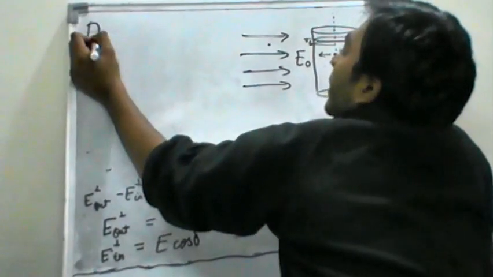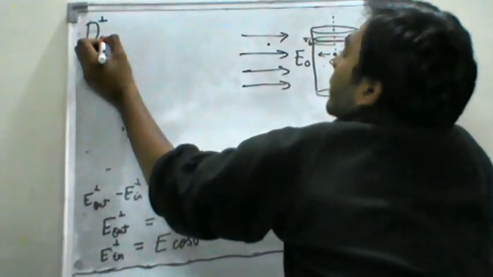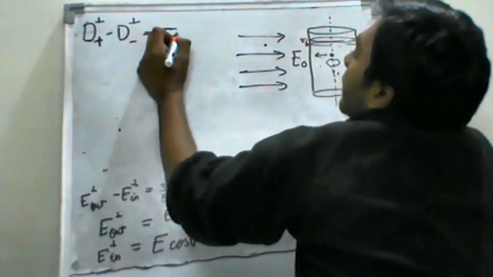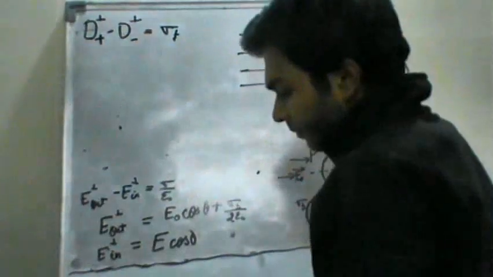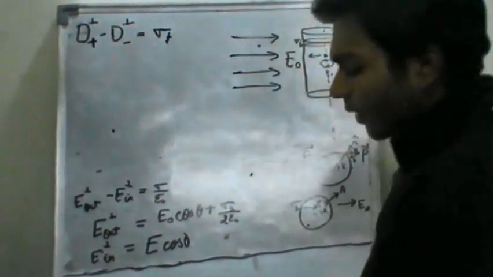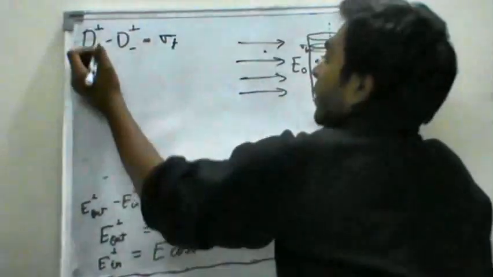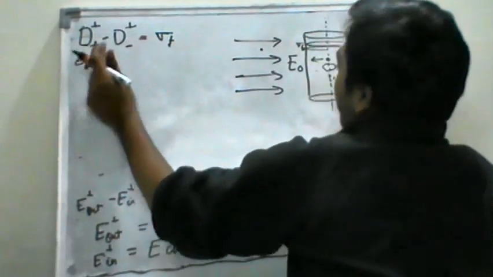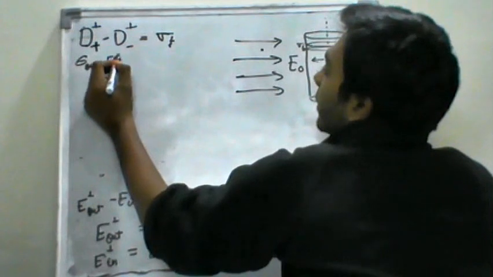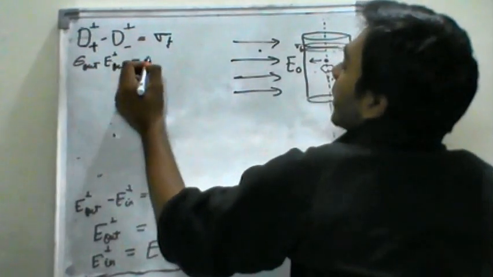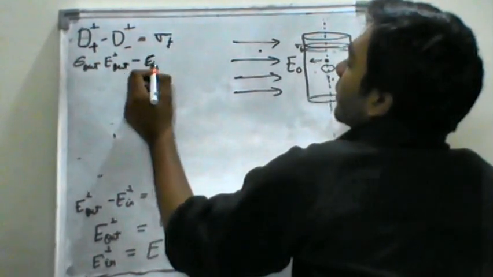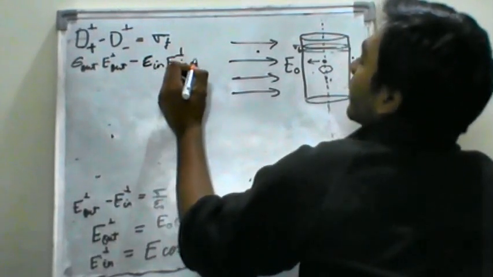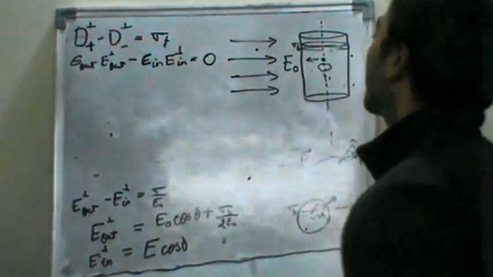Now we have a boundary equation for D: sigma free, which, because it's a linear dielectric, reduces to E perpendicular out minus E perpendicular in equal to 0, because there is no free charge.